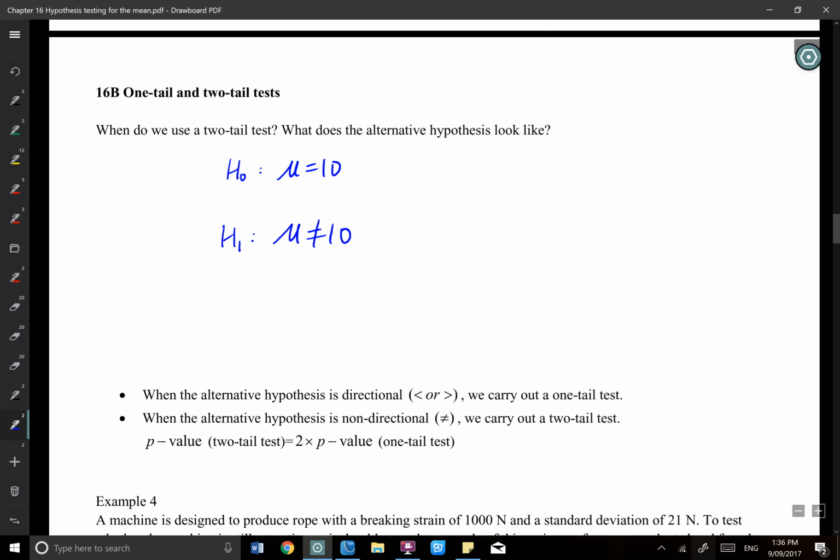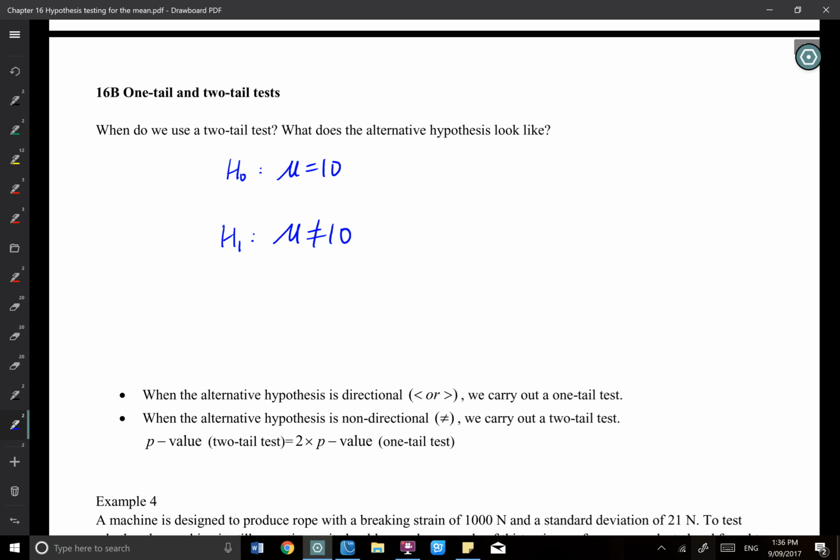That's a two-tail case, because I don't know whether it is larger or smaller. From my observed value, I think it's not necessarily 10. It can be something else, but I don't know exactly what. So this is called a two-tail test.